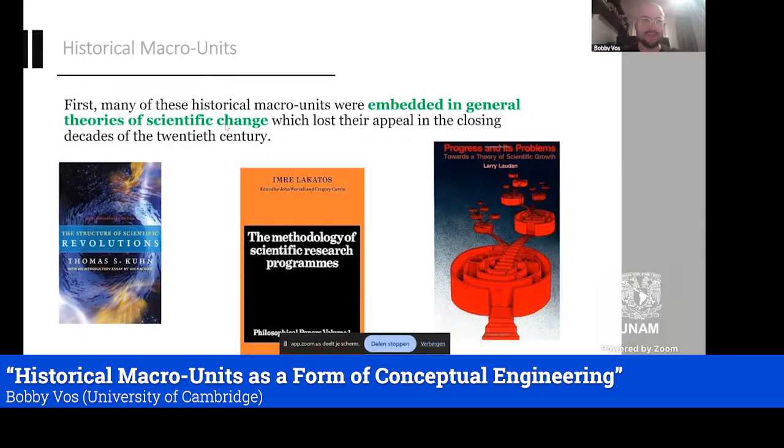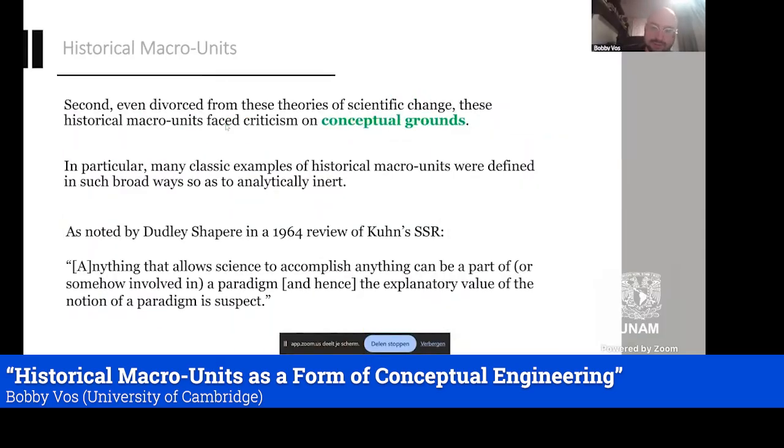There's, however, also a second and more conceptually interesting reason underlying the downfall of such concepts. So on conceptual grounds, even when we divorce historical macro units from the theories of scientific change in which they're embedded, we see that a lot of criticism, even around the time that these concepts were first being introduced, was aimed at their analytical tractability.